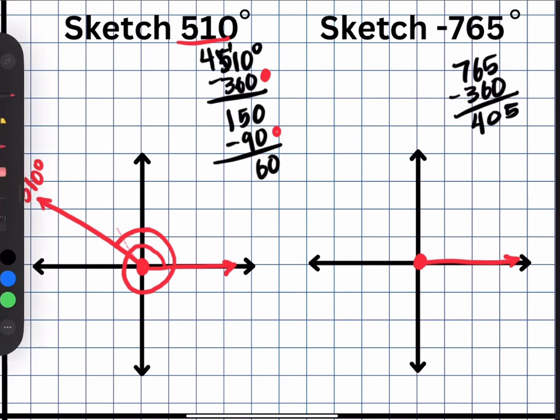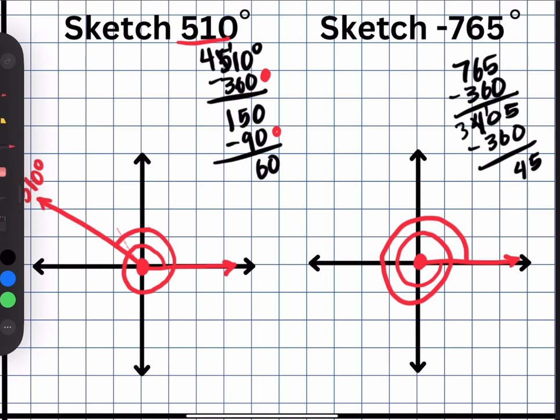So going downward a full circle. Okay. Can I do another 360? Yes, I can. And I'm going to be left with 45 degrees. So I can do a whole other 360 in the negative direction. So a whole other circle. There it is. And now I need to travel 45 degrees.